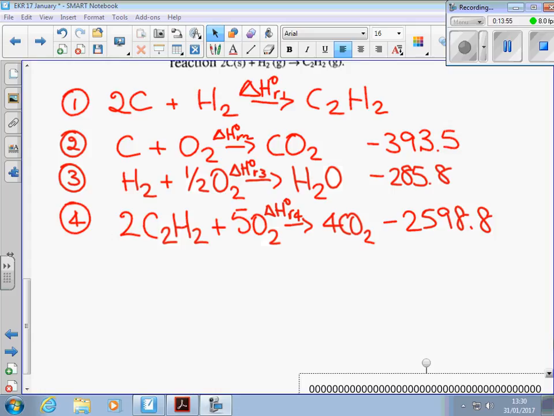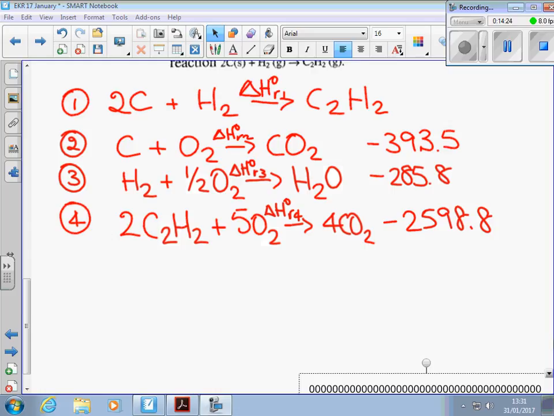So having a look at equation 2 then, we've got carbon on the left, okay, but not enough of it, and carbon doesn't appear anywhere else, so that's fairly suggestive we're going to have to double equation 2. Equation 3, we've got hydrogen on the left, and that's not appearing anywhere else, so that's looking okay, and it's in the right quantity, so that could probably be left as it is.